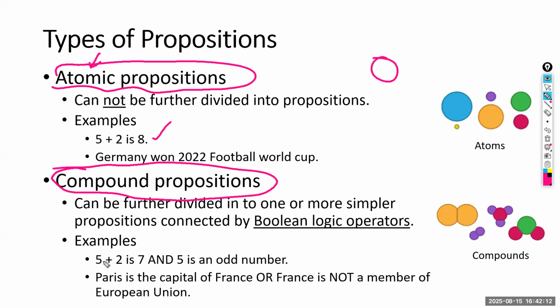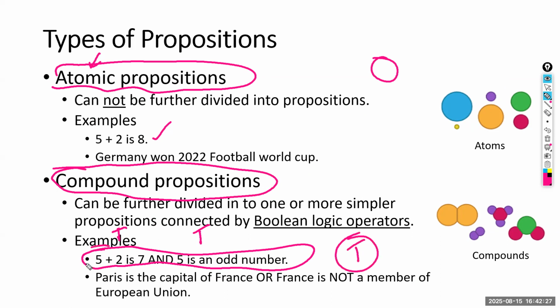But these are compound propositions. 5 plus 2 is 7, which is true, and 5 is an odd number, which is true. True and true is true. So therefore, this is a true proposition. But inside that, you can find two sub propositions. So therefore, these are atomic propositions, but this big guy is a compound proposition. But all are propositions.